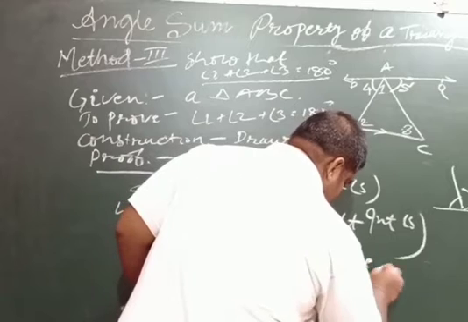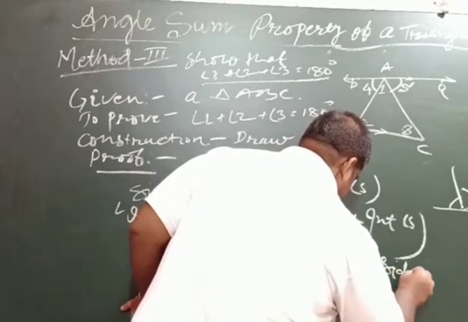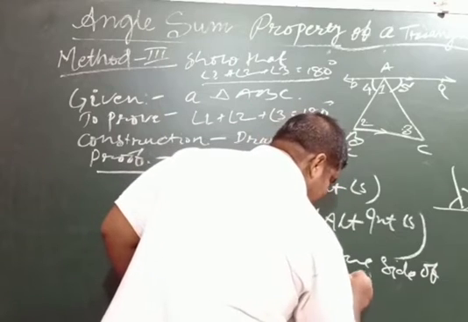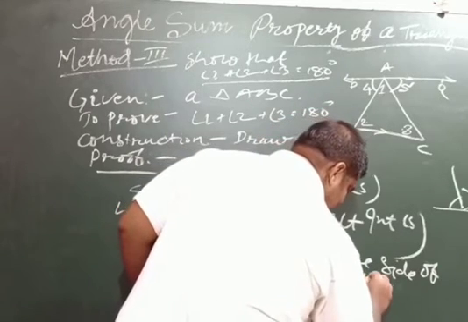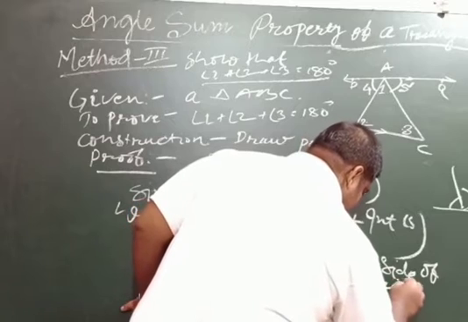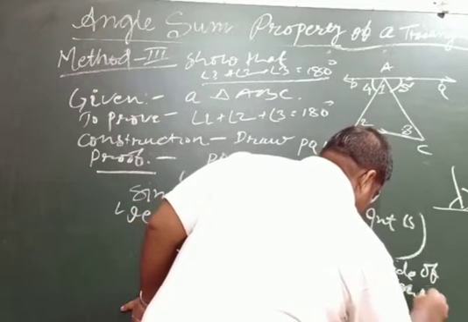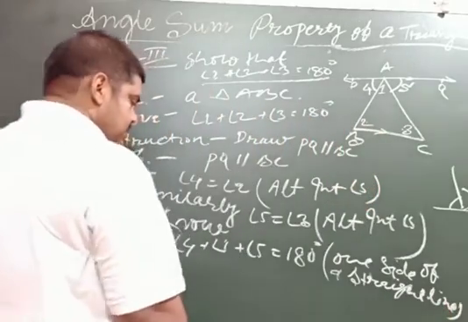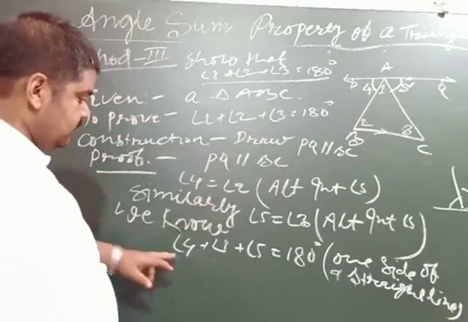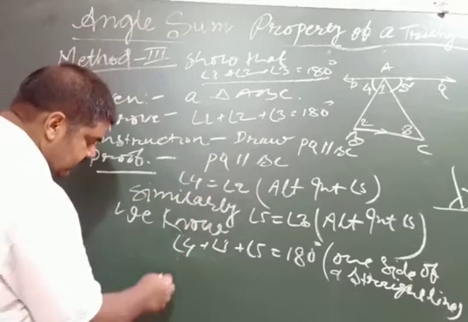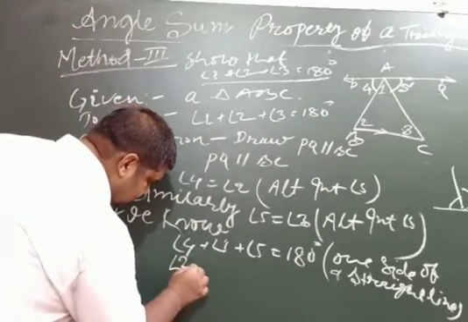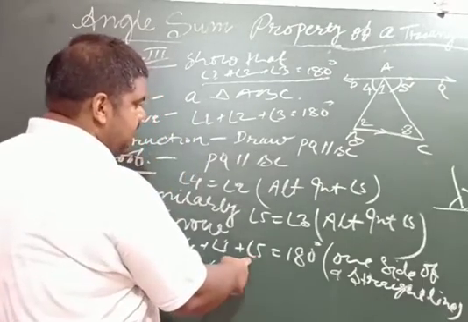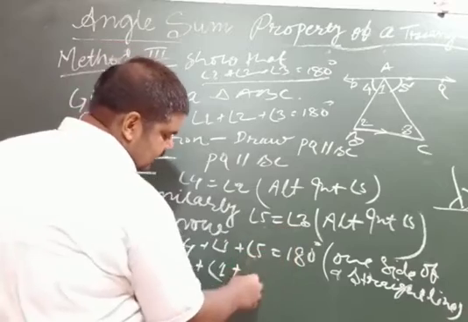One side of a straight line, and this is why, putting all the values, because 4 is equal to 2, in place of 4 you may write 2, plus angle 1, plus, in place of 5 you may write 3.